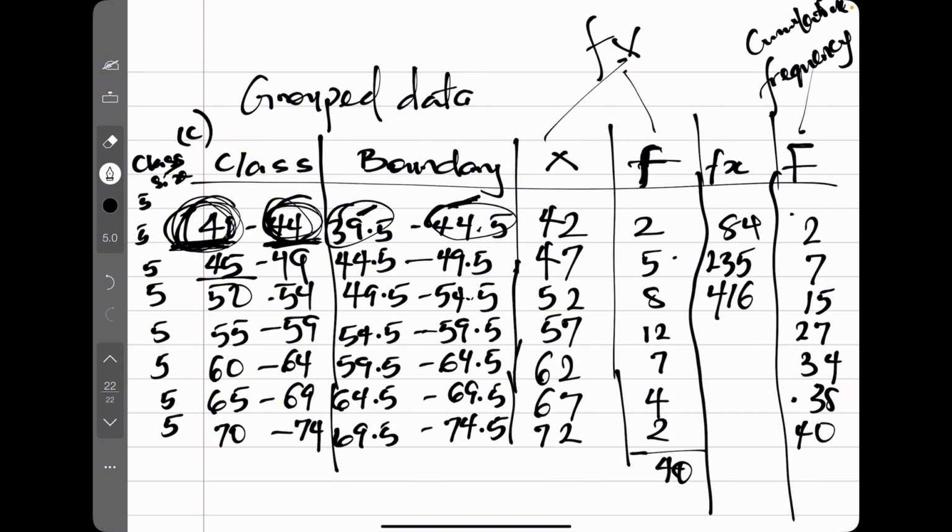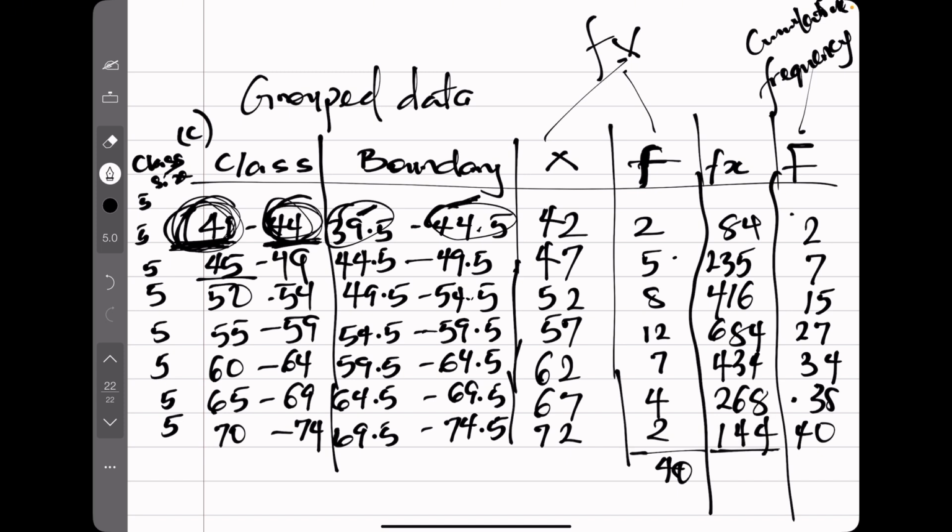For you to know, we are dealing with the small f here, not the capital F. So 57 times 12 would have 684. 62 times 7, we have 434. 67 times 4, we have 268. And 72 times 2 is to give us 144.